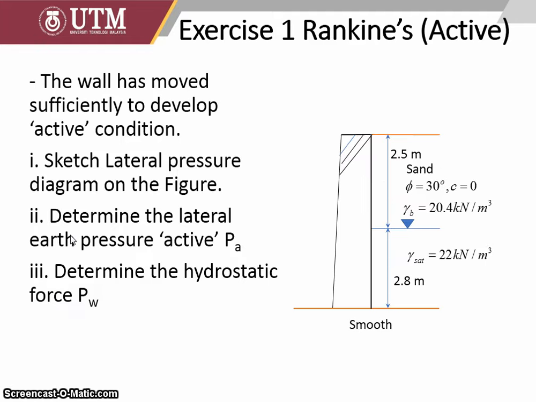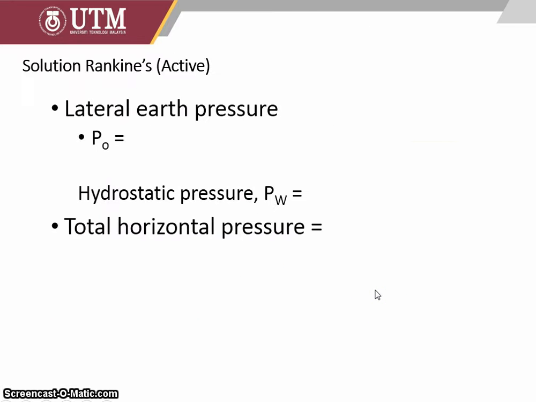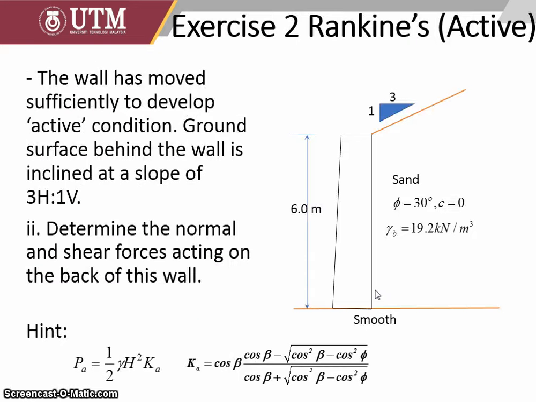For active and passive pressure, you can also go through the exercise. This is some of the solution. First, calculate Ka. Once you know Ka, you can start to calculate the pressures at A, B, C, and D. Similarly, you can try for the soil with the inclined slope.